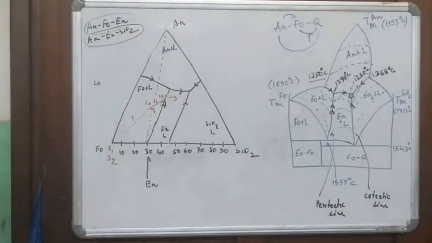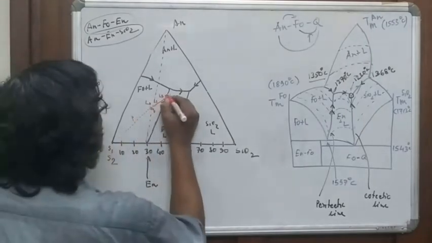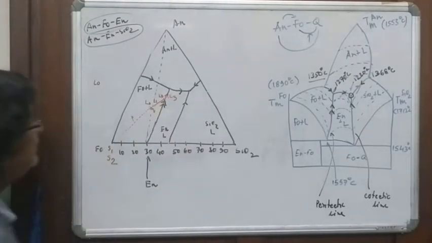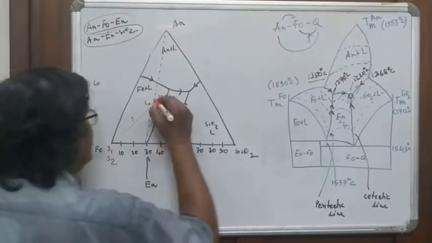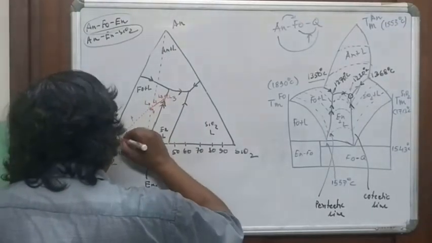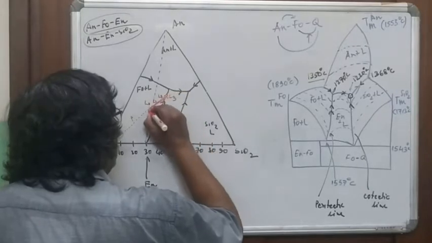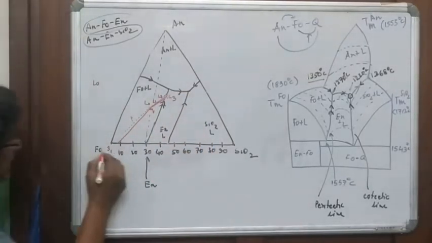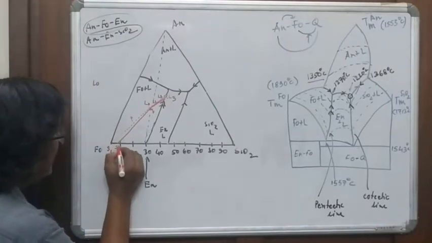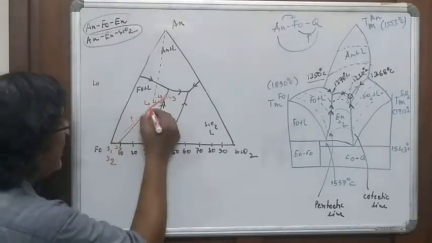Now you see what happens. The moment you say that your liquid is L3 and this is your initial liquid composition, then I have to join L3S3, and this should be L0.